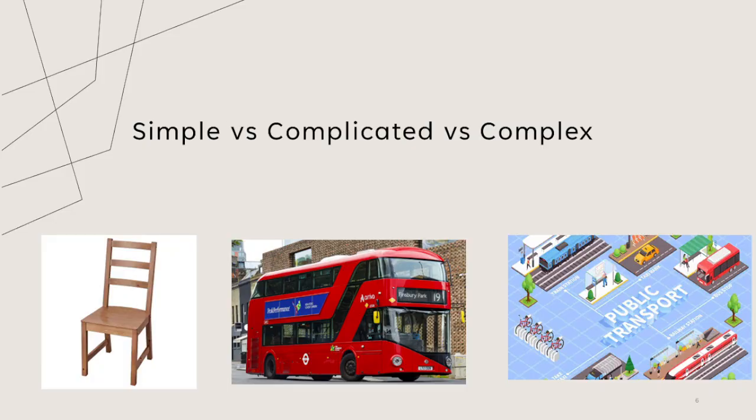You may want to incorporate a train system. Maybe you want to add cycling lanes and a cycling system. Maybe you want light rail, ferries, and so on. So you can see why this problem is considered complex compared to designing and building a bus as well as a chair.